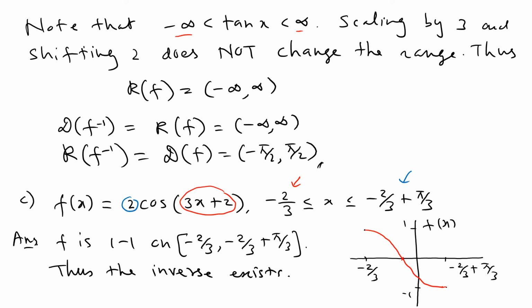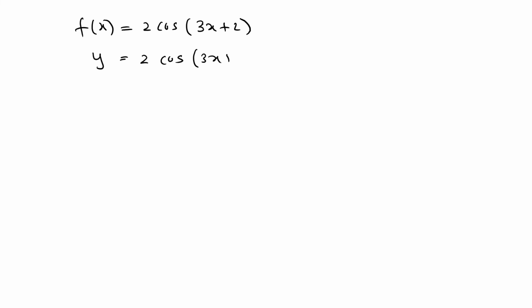So we again use the 4-step method to find the inverse. We start with the function f(x), which is 2 cosine(3x plus 2). We replace f(x) by y, so y equals 2 cosine(3x plus 2).